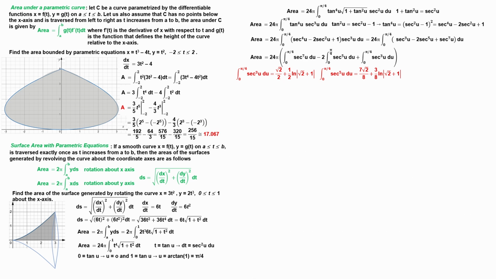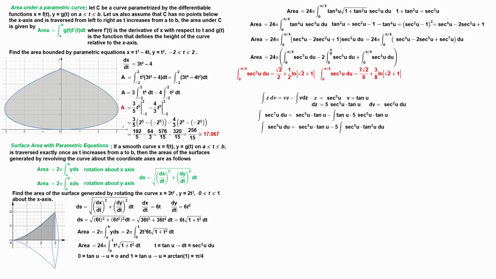The integral of secant to 7 can be solved using integration by parts, similar to how we solved the integral of secant to 5. Now we will define z equals secant to 5 and v equals tangent. Follow along step by step.